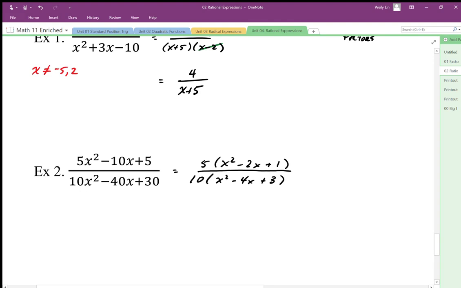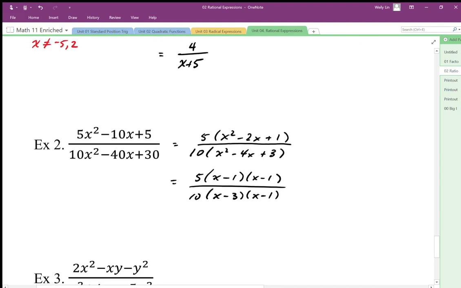Okay, so those are my factors here. That 5 over 10 will simplify. Let's factor everything first. So I end up with 5, x minus 1, x minus 1, 10, x minus 3, x minus 1.